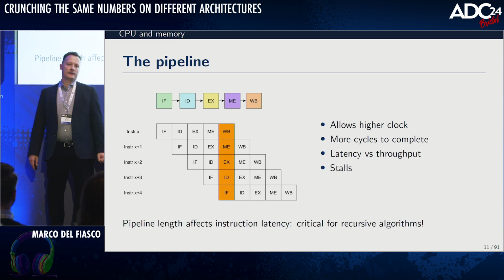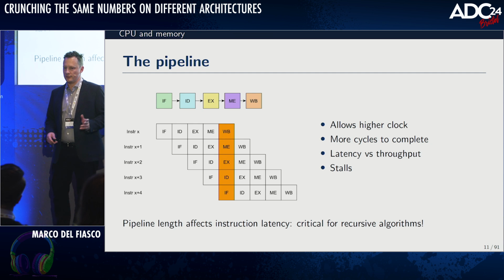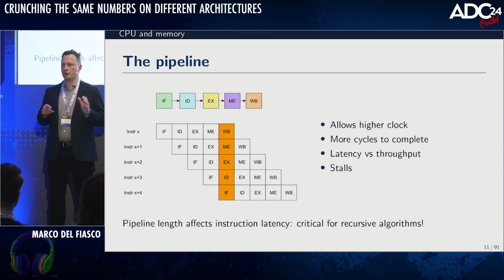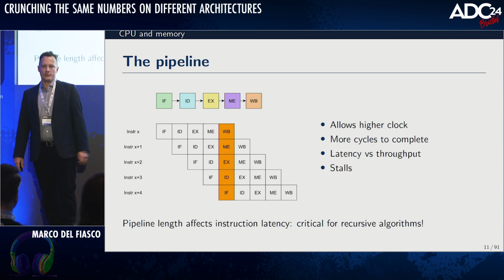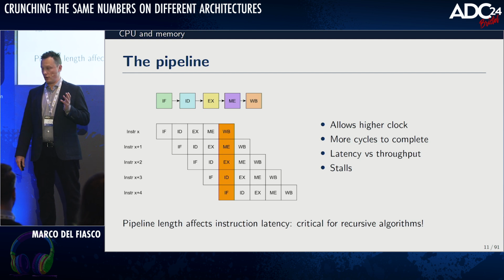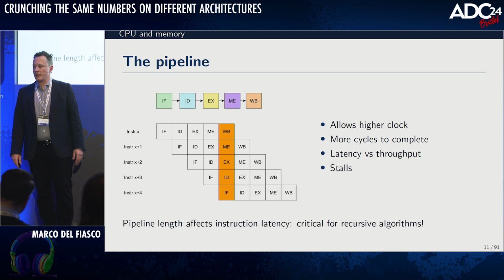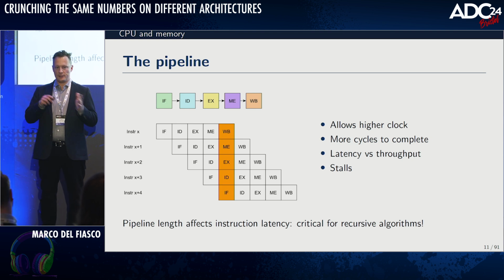The CPU and memory is an important part because you know that all the CPUs are different, all the architectures are different, and each of the architectures tries to optimize some of the aspects. So all the CPUs execute instructions with a pipeline because it allows you to have a higher clock. Each instruction will require more cycles to complete. And there is this thing about the difference between latency and throughput.